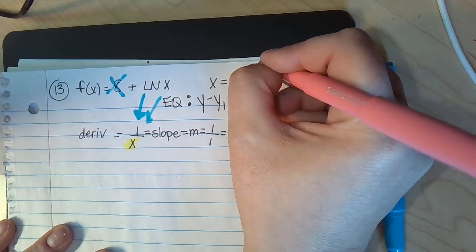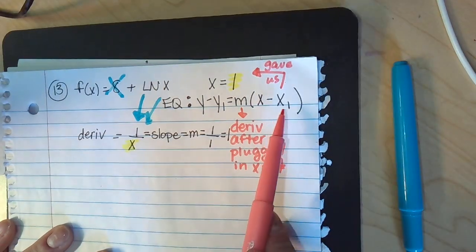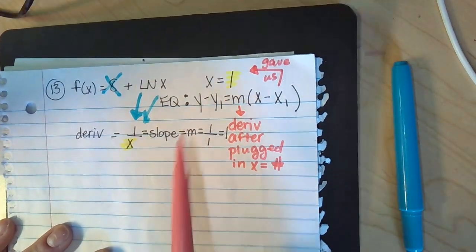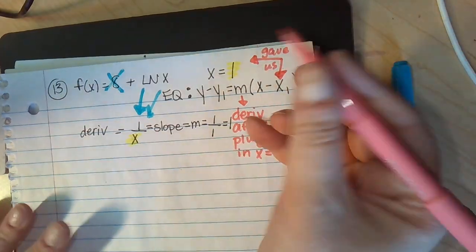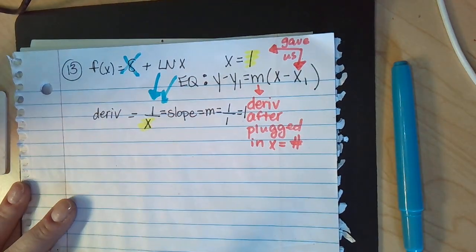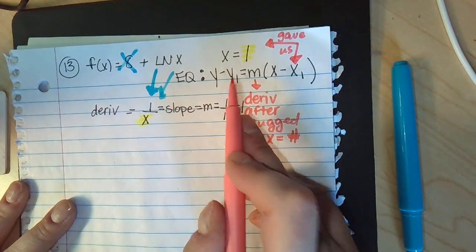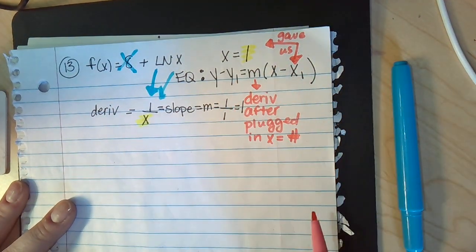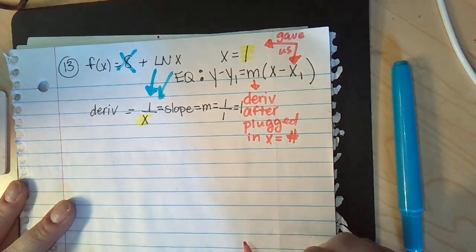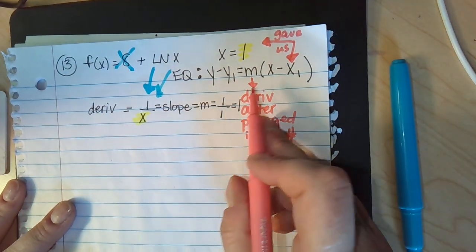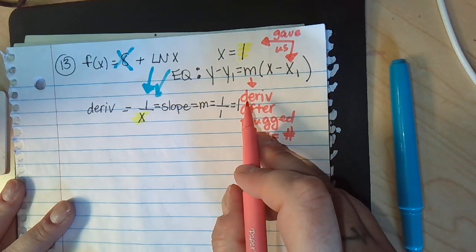This x1 is the x value they gave us. The y1, we're going to have to find by plugging in x equals a number into the original. So this m, we plugged in x equals a number into the derivative.